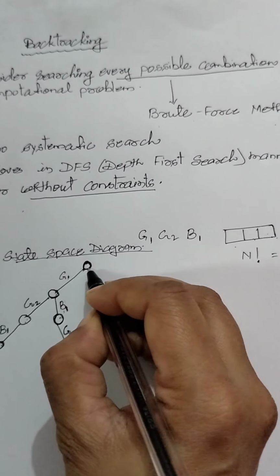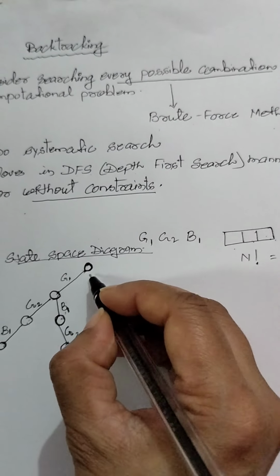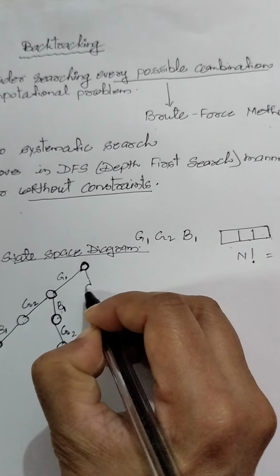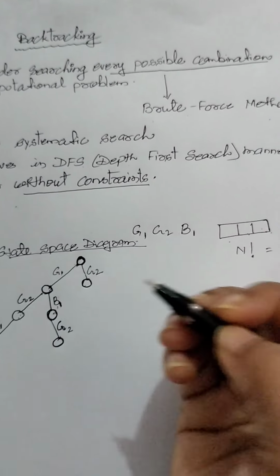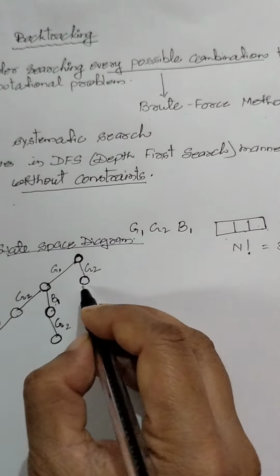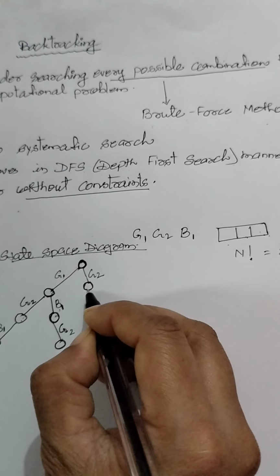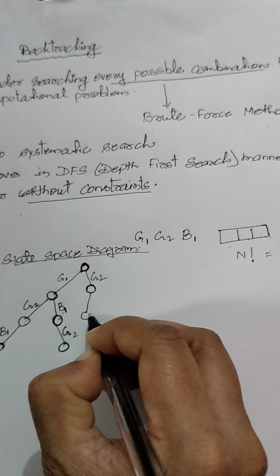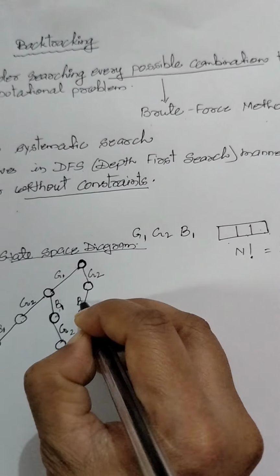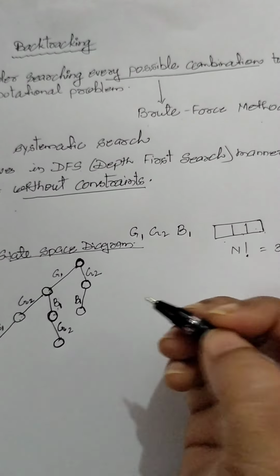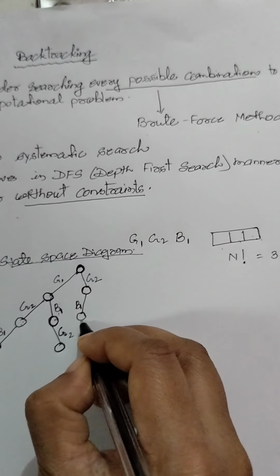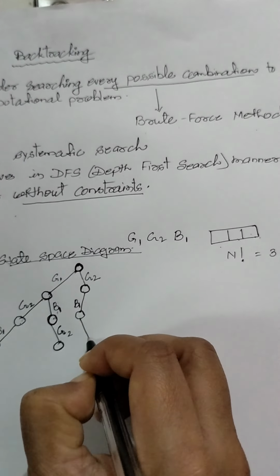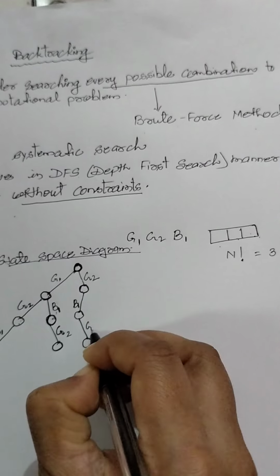Now no student has taken a place, so at the first chair you can make G2 sit. G2 sits at the first place. Now for the second chair boy B1 can take a place. When the second place is full, the third place is remaining, and we have girl G1.